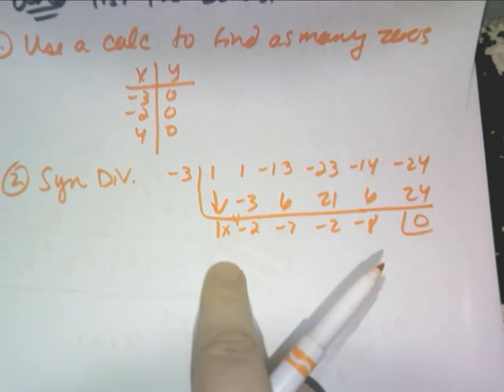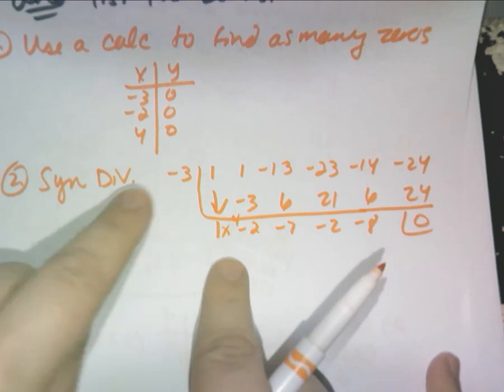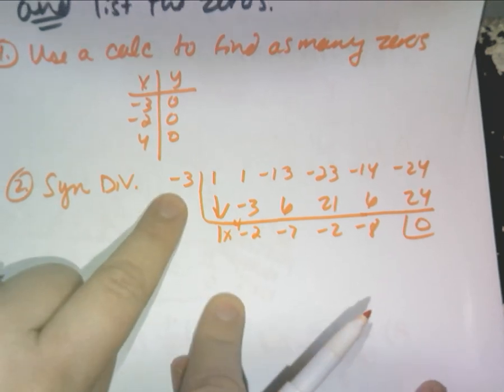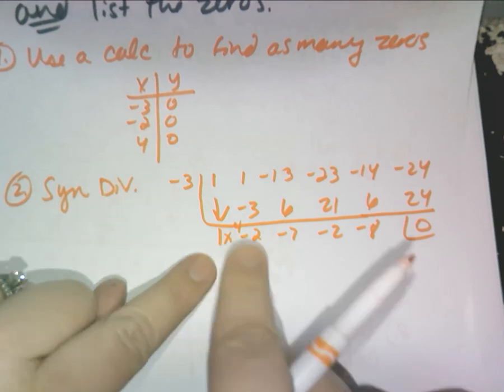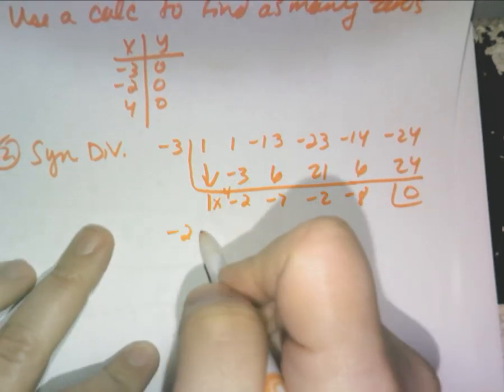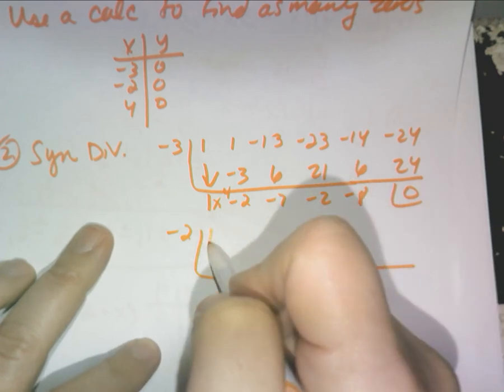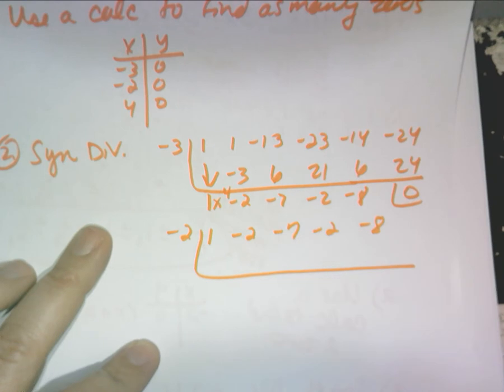So what does that mean? Well, you want to keep depressing this. So now, instead of dividing by -3, I'm now going to divide by the next one, -2, into this one. So I'm going to take -2 into the 1, -2, -7, -2, and -8. And it should still work because it's still a factor of the original.